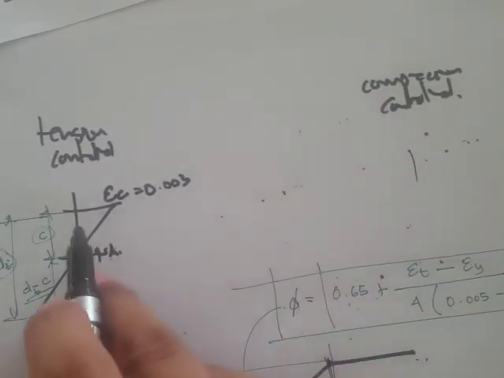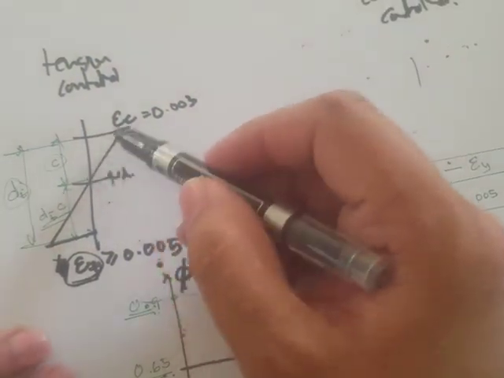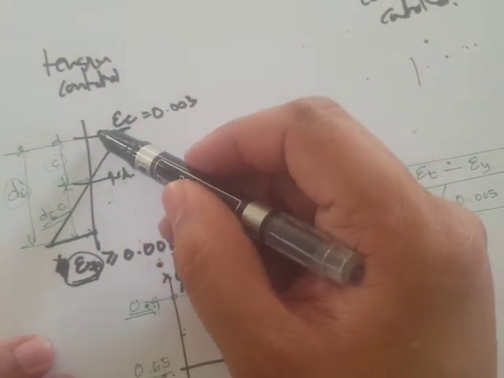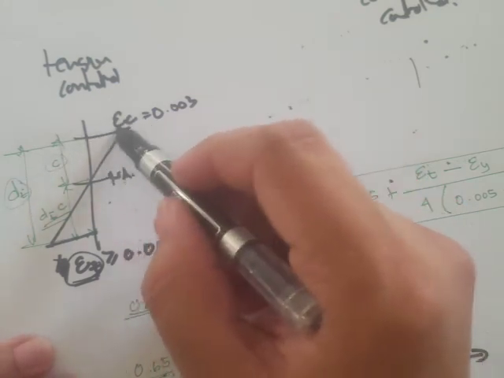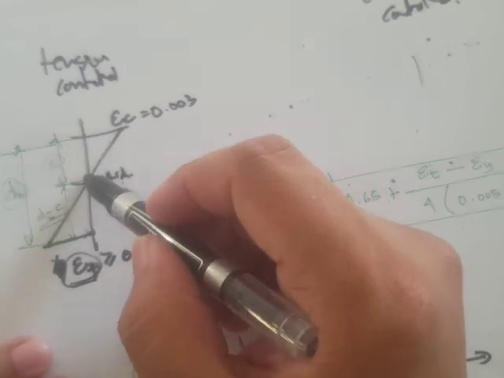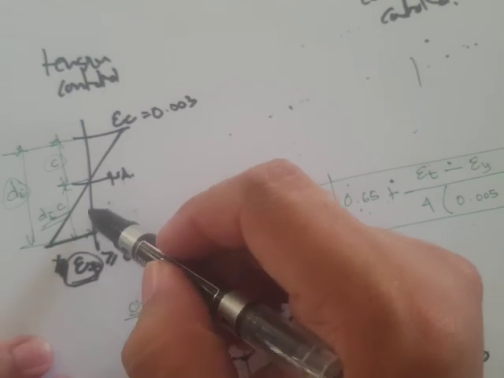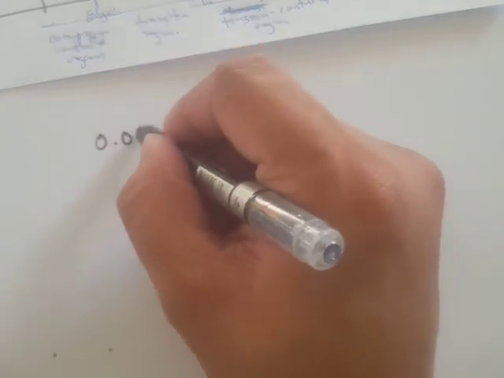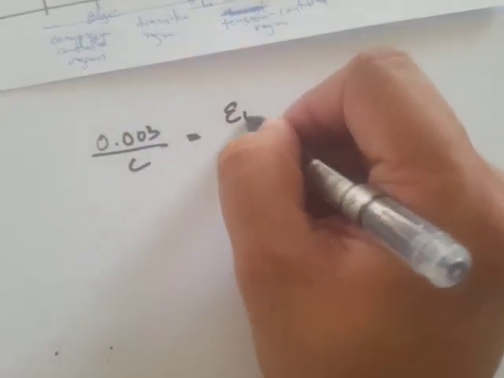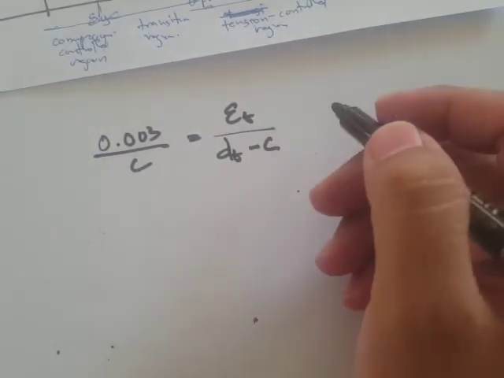So how do we solve that? We can use similar triangles: this opposite side divided by this adjacent side is equal to this opposite side divided by the adjacent side. What we get is 0.003 over c is equal to epsilon sub t over d minus c.